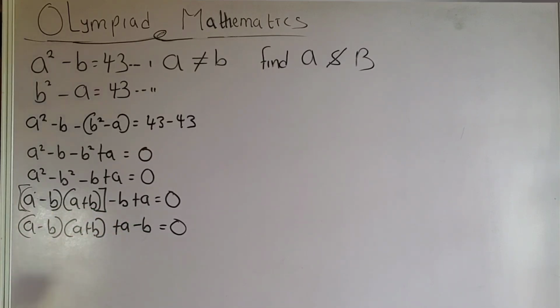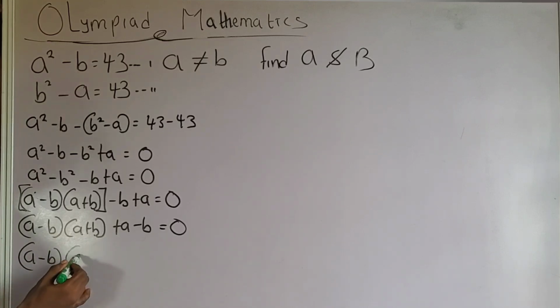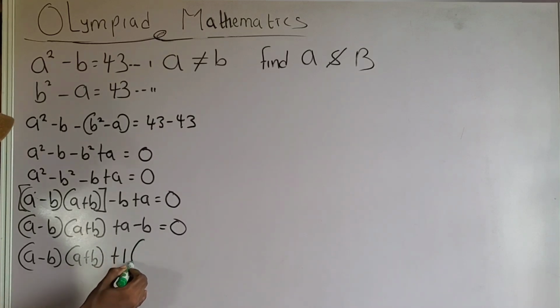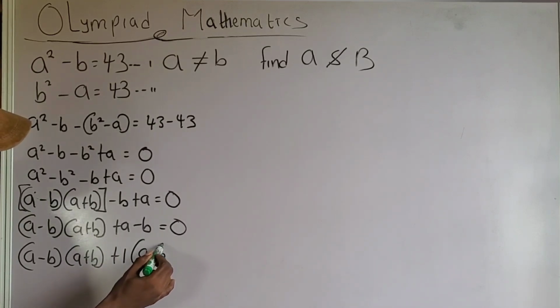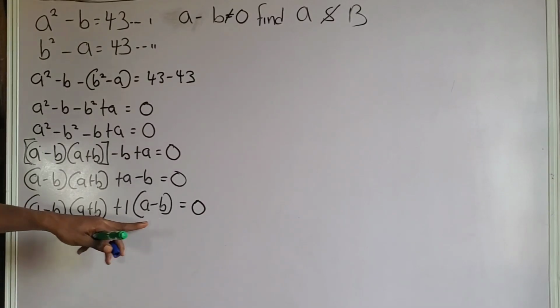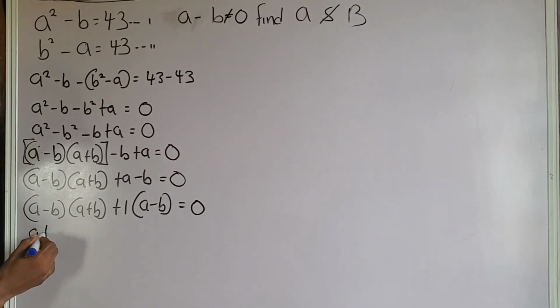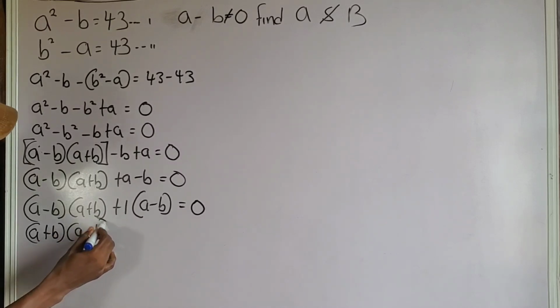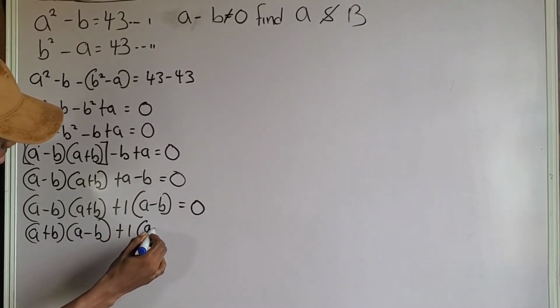Now, when you get to this point, a plus b plus 1 multiplied by a minus b. You see, I can rewrite this as a plus b multiplied by a minus b, then plus 1 multiplied by a minus b.